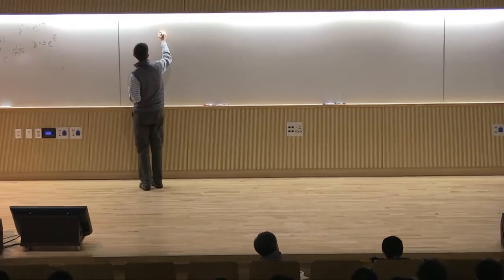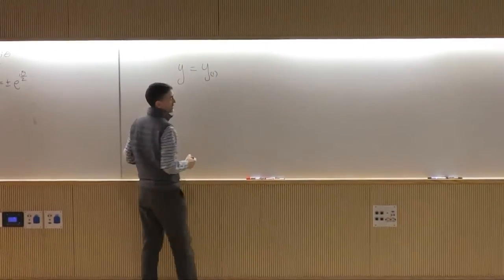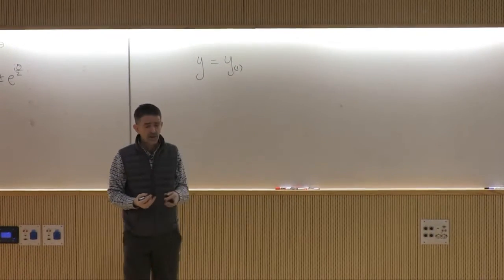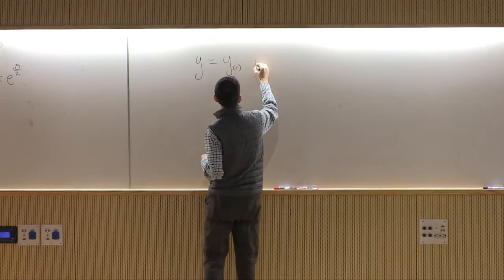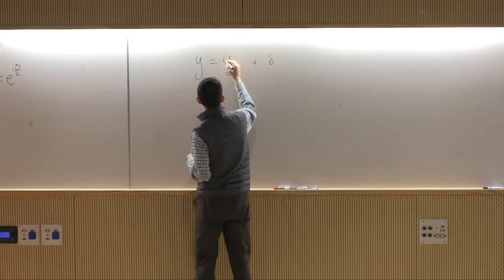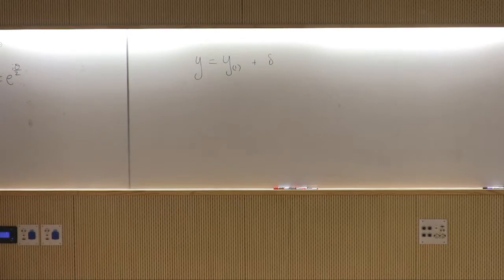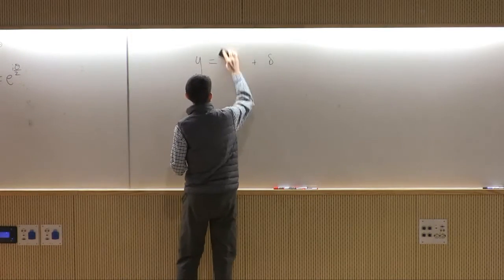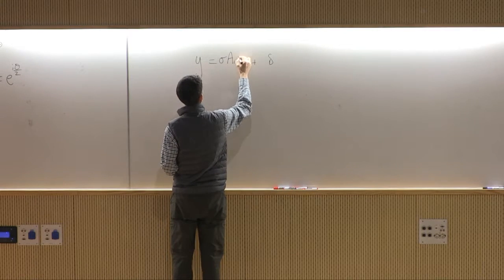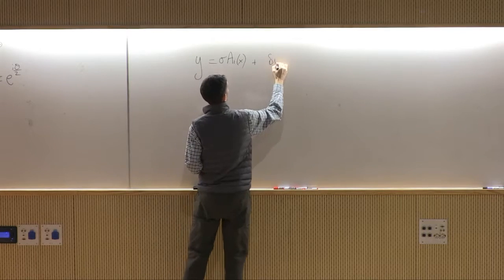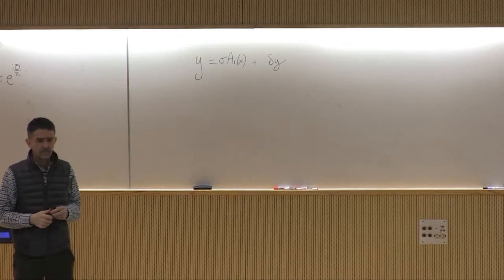So the idea would be to write y as my first order thing, which is sigma times the Airy function, plus, might as well just be honest and write it as the Airy function, plus something that's much smaller than the Airy function. Okay?